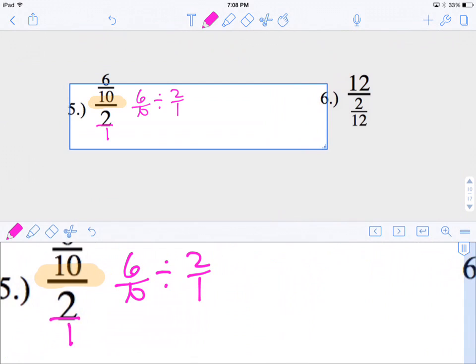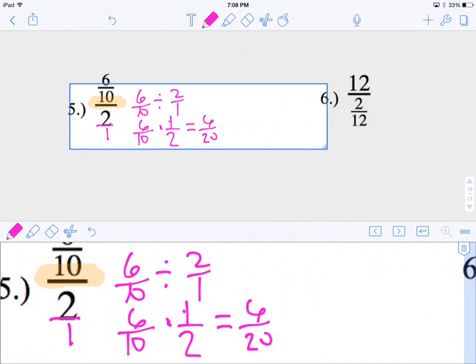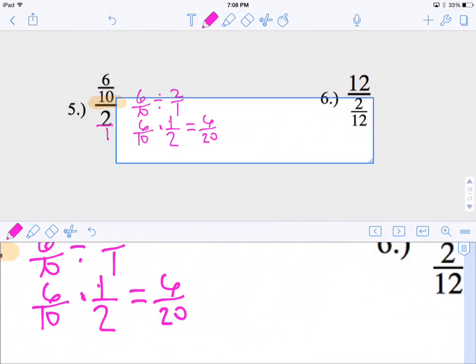And when we divide, we multiply by the reciprocal. 6/10 times 1 over 2. 6 times 1 is 6. 10 times 2 is 20. Then we simplify it. 6 divided by 2, 20 divided by 2, we get 3/10.